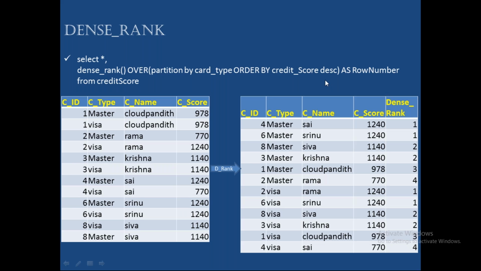By using data flow, there are different ways you can generate rank, dense rank, and even row number, using different transformations. You need not follow exactly the way that I am explaining.